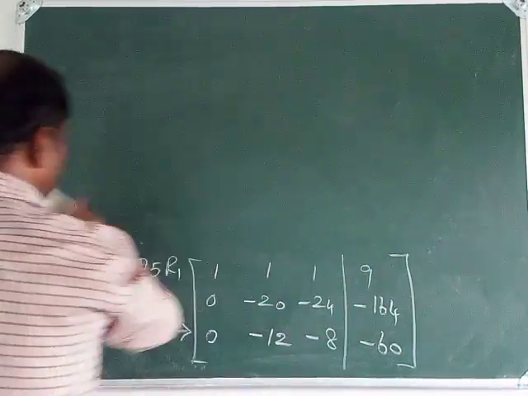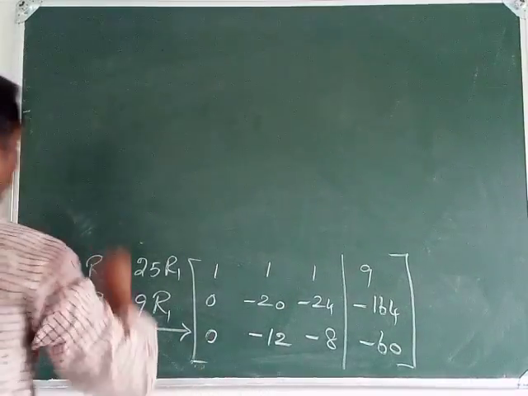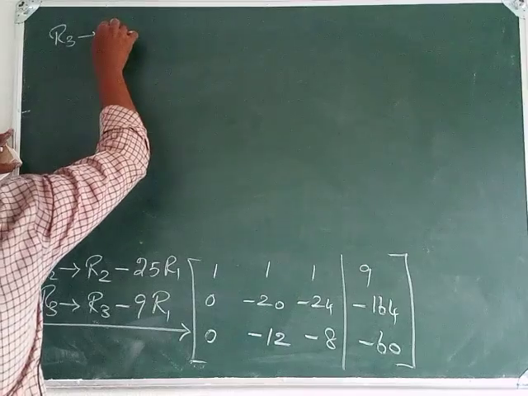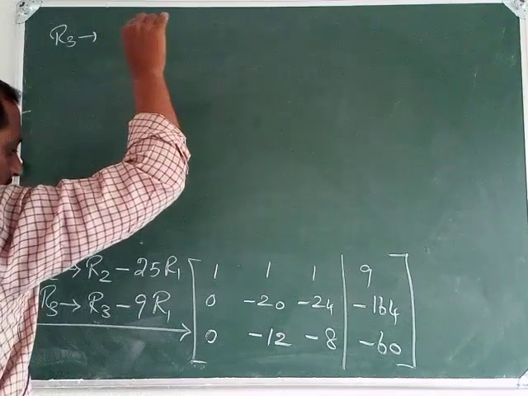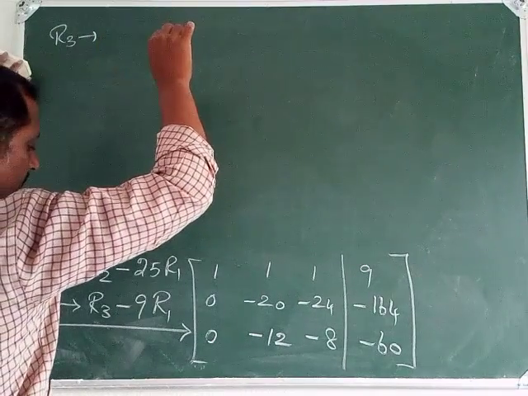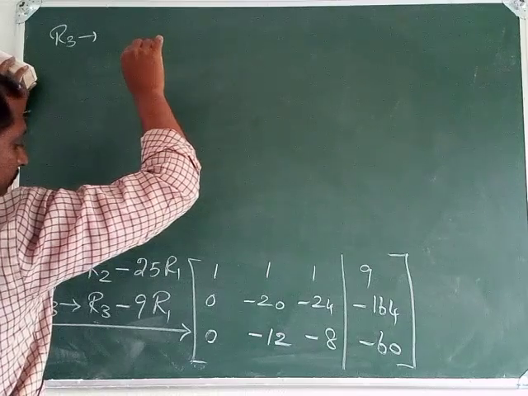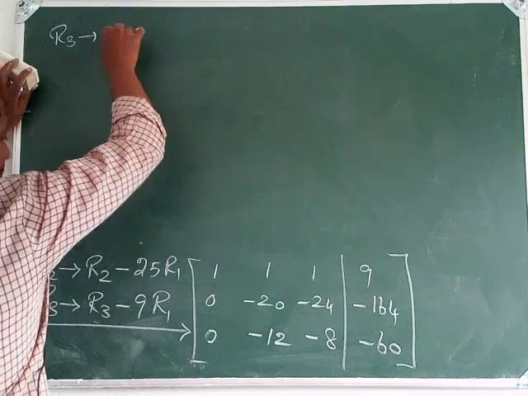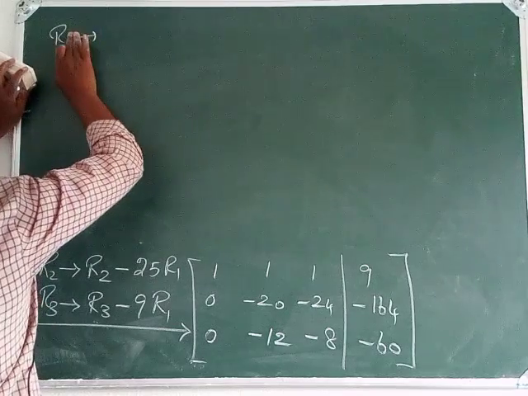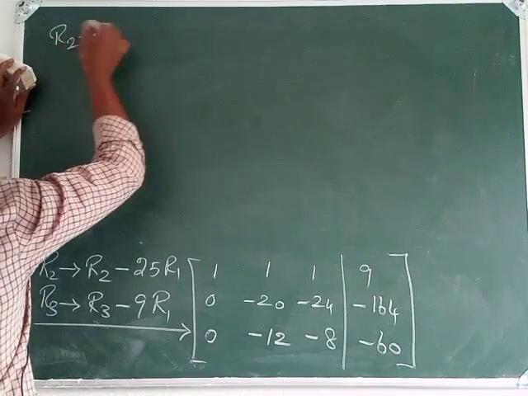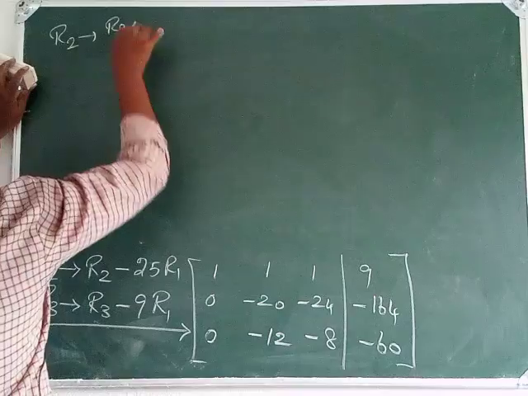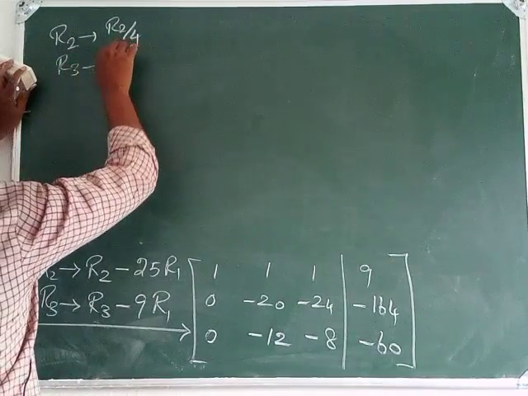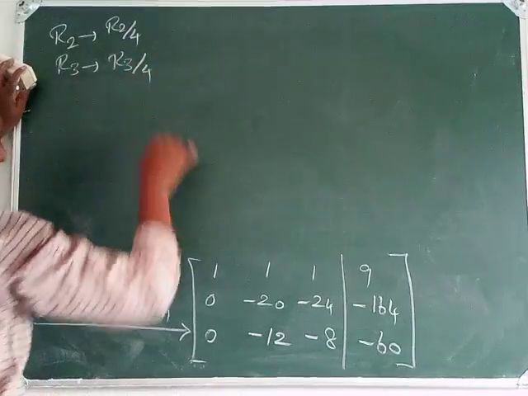Third row over. Again, after this, the second row is divided by 4, and the third row is also divided by 4.